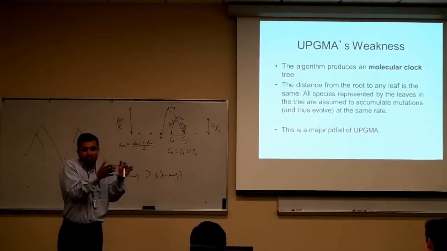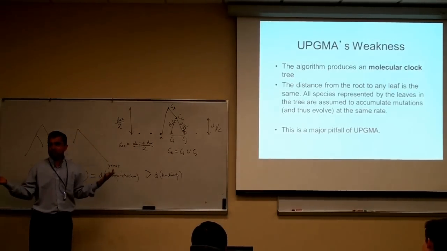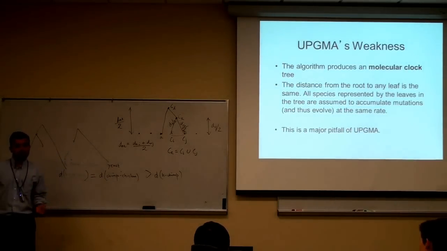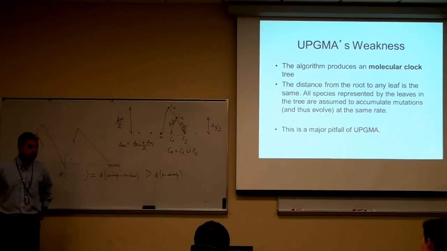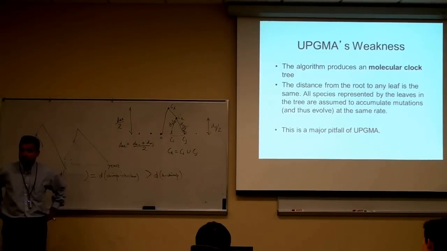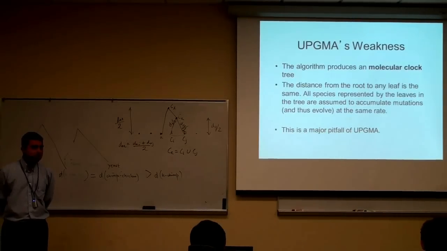Maybe in one part of the genome, in each of those species, the rate of evolution is the same. Maybe in another part, genes related to brain function, the human lineage has been accumulating mutations at a faster rate. Right? So the phylogeny actually could be different depending on what data you're using to build that phylogeny.